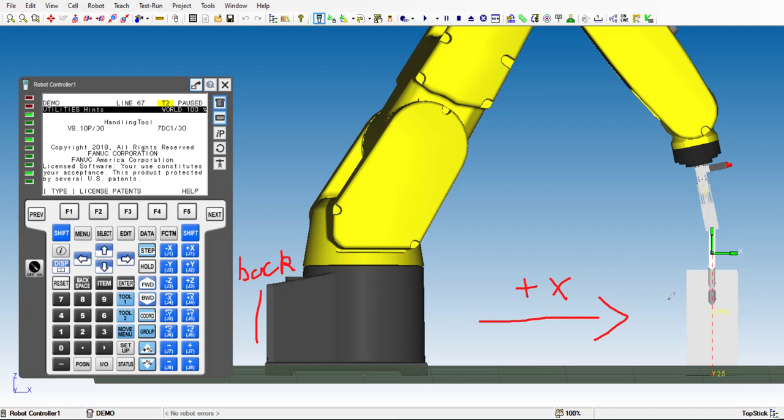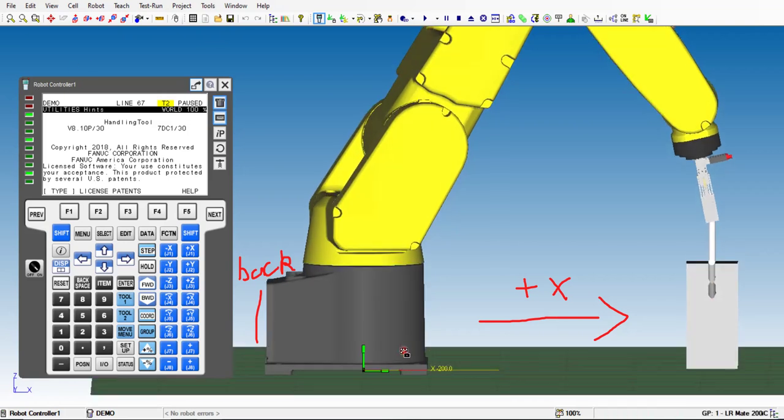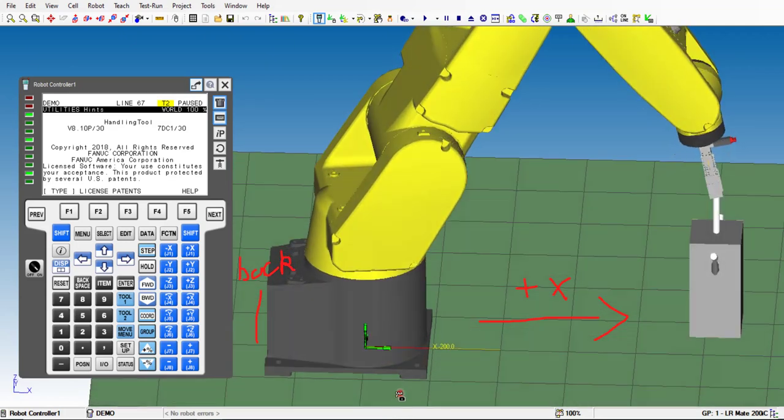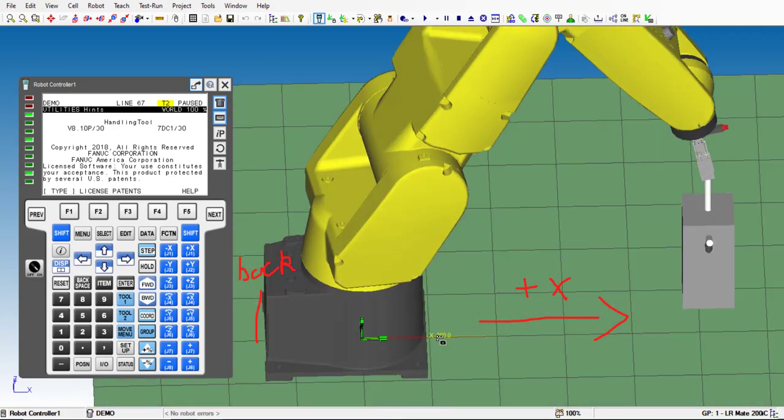I need to rotate to the other angle in order to show the Y. Basically, Y is supposed to be at 90 degrees to the X direction, right? Let me find a way to demonstrate that.